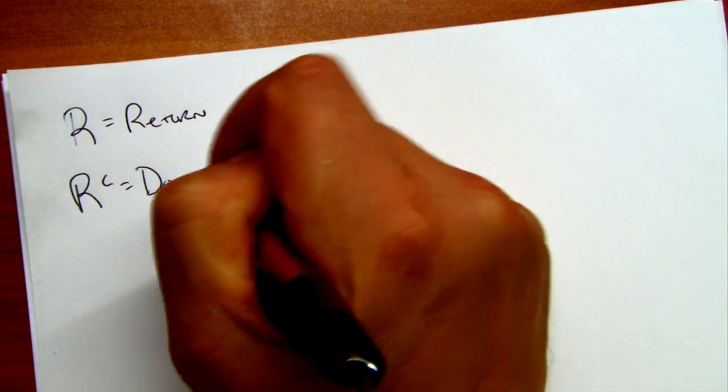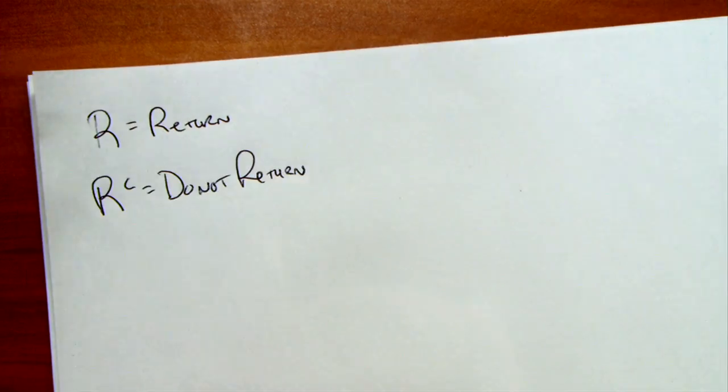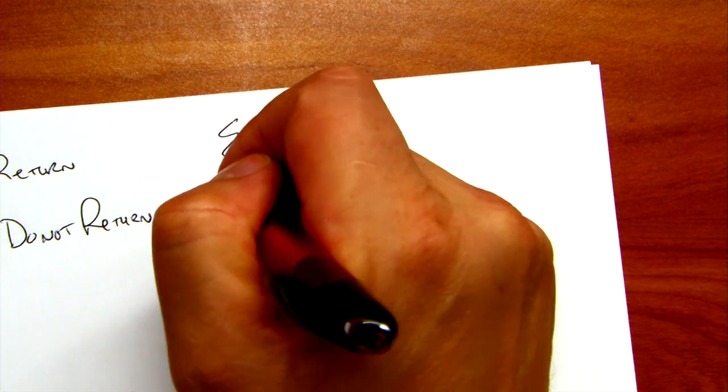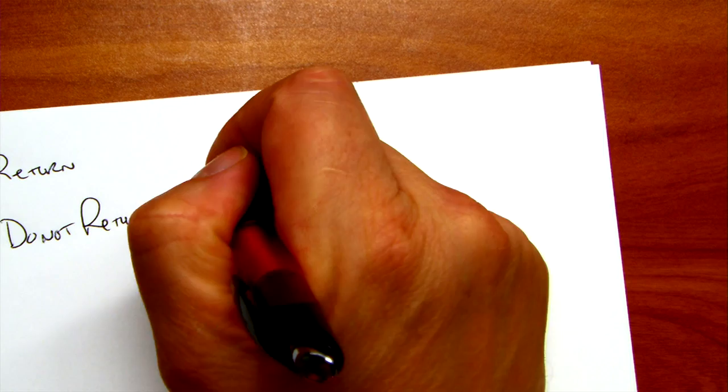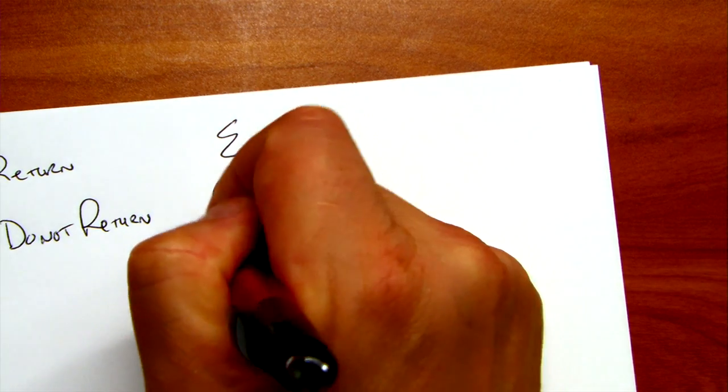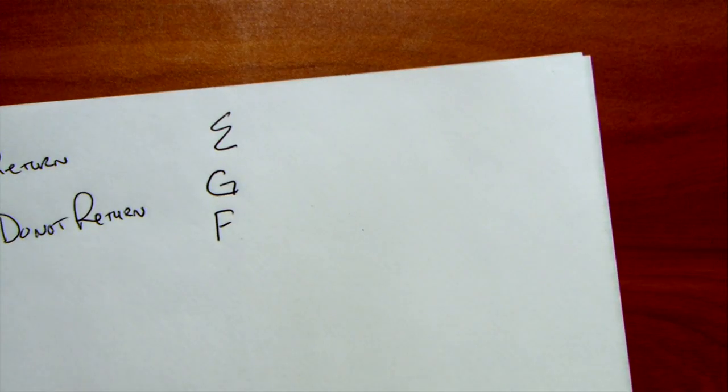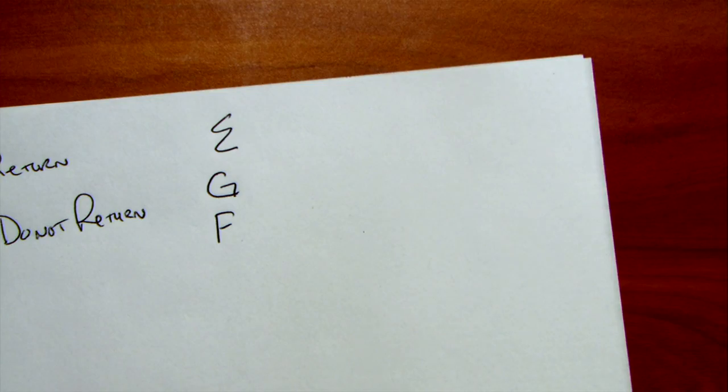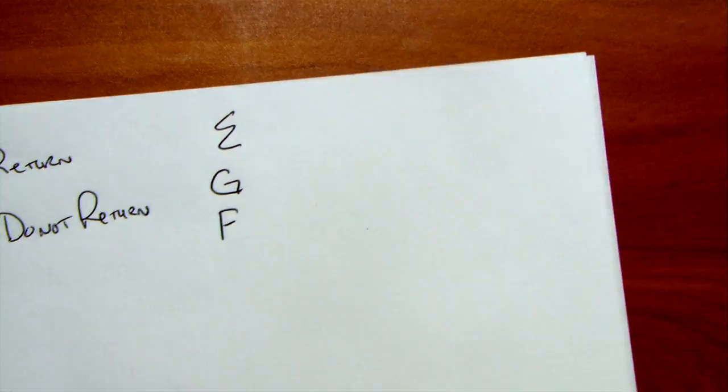Remember, the complement is the opposite, so RC is do not return. We'll also say E, excellent, good, and fair. So E is excellent, G is good, F is fair.